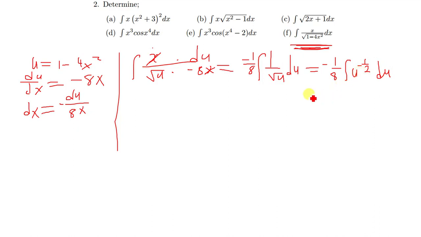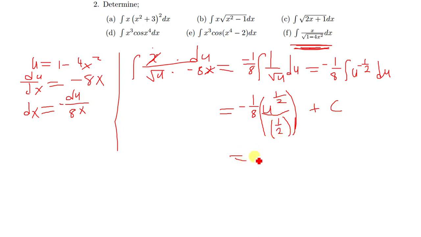So when you integrate that, you discover that your solution will be negative 1 over 8, and then this will be u to the power half, and then everything divided by the new power, which is positive half, then plus the constant c.